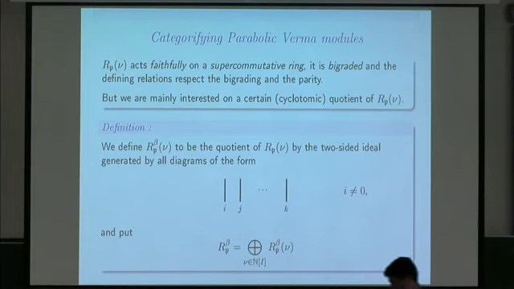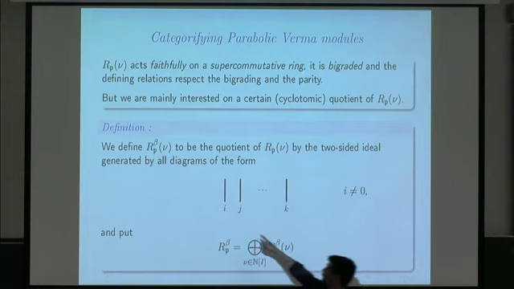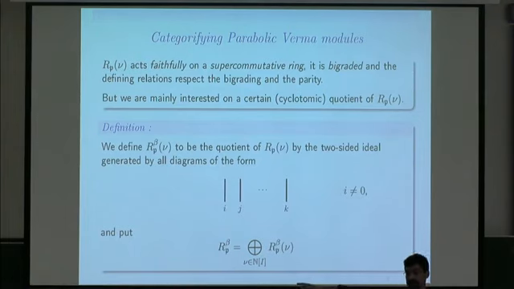Okay, but what we really need to use is a certain cyclotomic quotient of this algebra. So let's define the quotient of the algebra, Rp, by the two-sided ideal generated by all diagrams whose first strand on the left is not labeled 0.